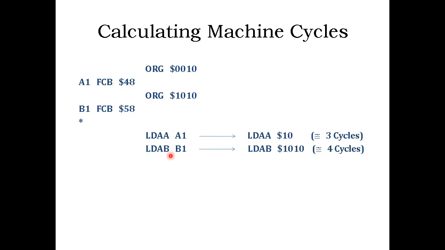But the address of B1 is 1010, because you said start from 1010, then you wrote B1, right? So very interestingly, the machine cycle of the first line is 3 cycles because this is direct. The machine cycle of the second line, even if that is a pretty similar instruction, is 4 cycles because that's extended. See how important the pseudo op is so that you understand the machine cycles.